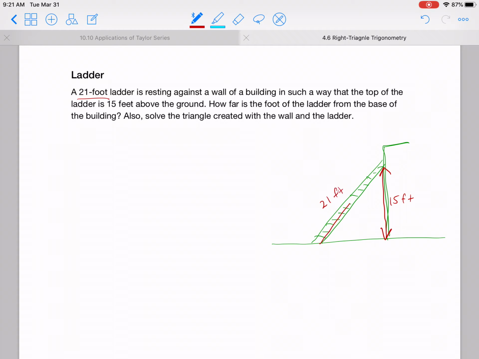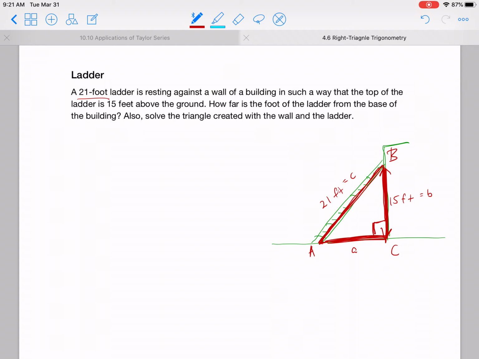And you'll notice if we take the ladder as the hypotenuse, we take this part of the building as one of the legs, and then this part of the ground is the other leg. We have a nice right triangle there. And if that's our right triangle, that makes this A, this angle B, this angle C. So this side is A, this side is B, this side is C. And we're back to just solving a right triangle based off the given information.